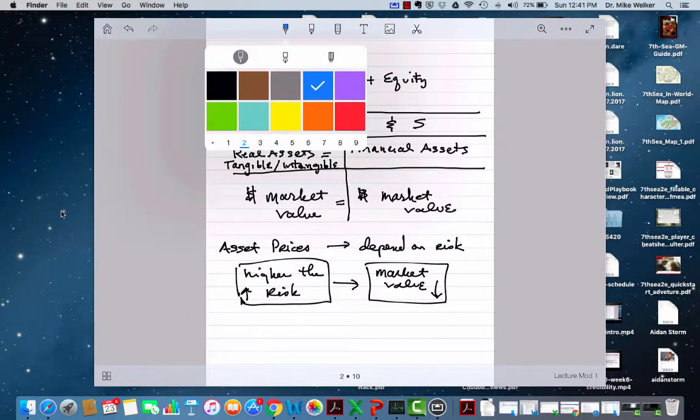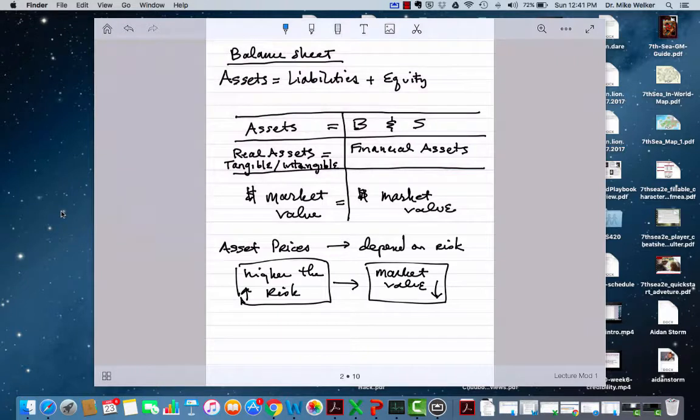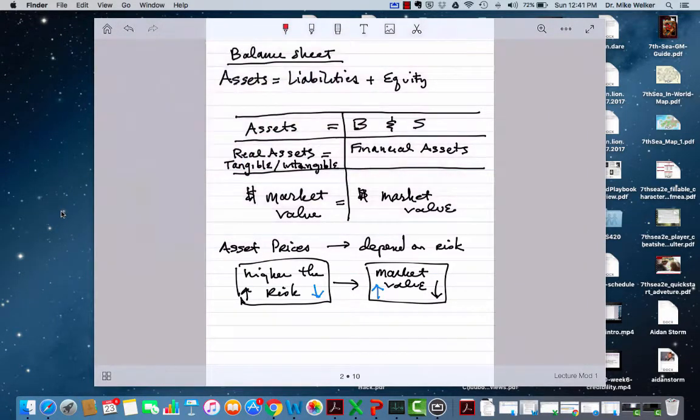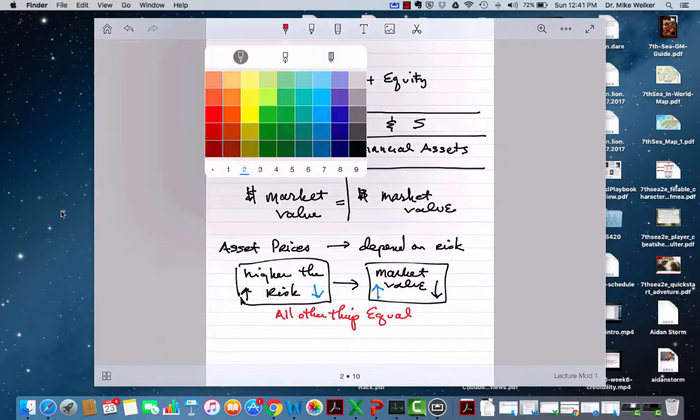If you put a project in place that had low risk, the market value of that project would be higher. And remember, I did put a small caveat into that statement. All other things are equal. That's a complicating element. Just got to watch out for it.